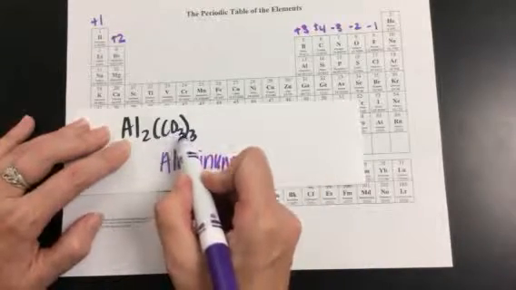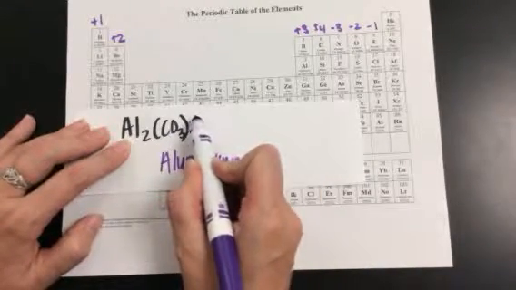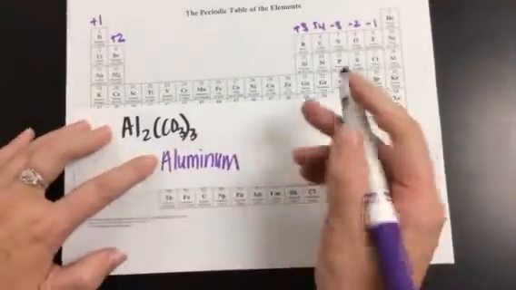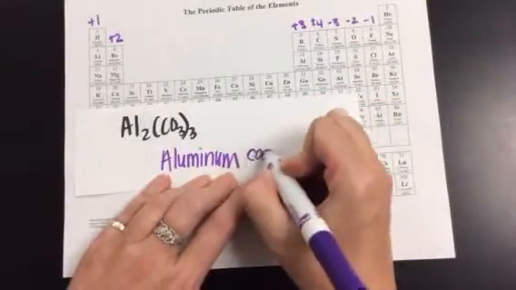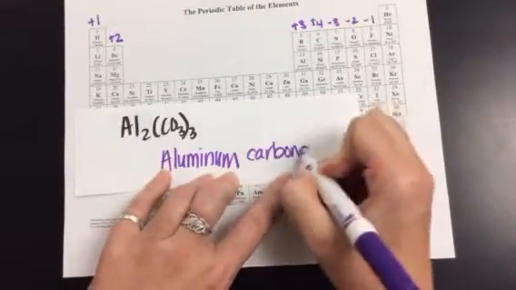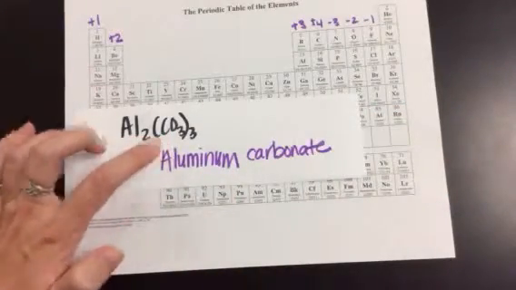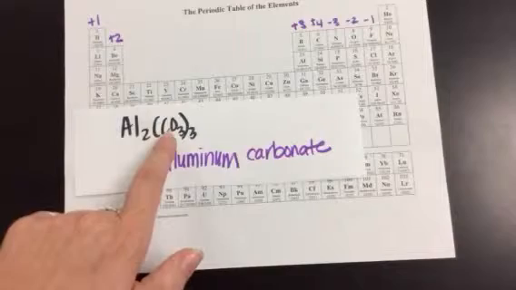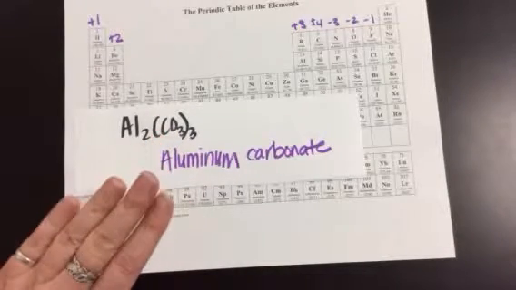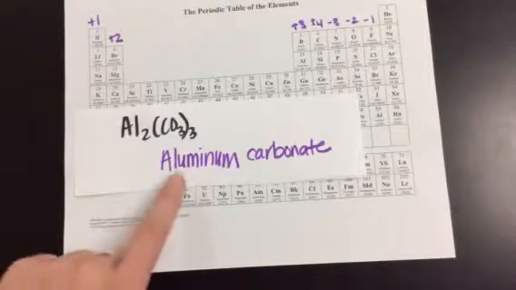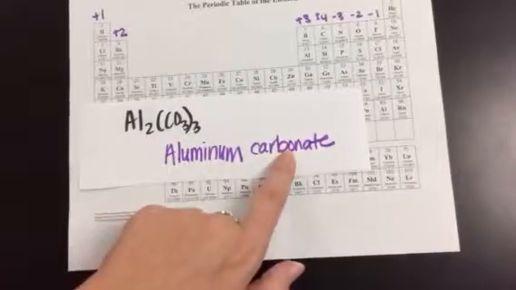And then CO3, -2, which is now canceled out. That CO3 is called carbonate. You cannot change the name or the formula of a polyatomic ion, so whatever's written on your paper, you're going to keep that same name. So this is called aluminum carbonate.